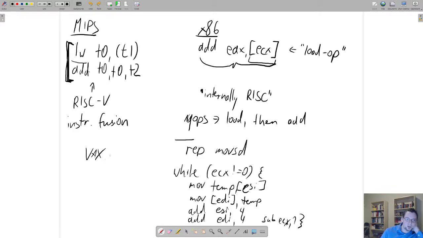VAX had instructions where this kind of stuff happened, where you had lots of internal memory accesses. They had string instructions and so on. It was an unpredictable number of memory accesses, but all this state was completely internal and was not visible to anything. So if you're doing this block move, trying to copy 256K of data, and somewhere in the middle something goes wrong, there's no mechanism in the CPU to tell you where that was.